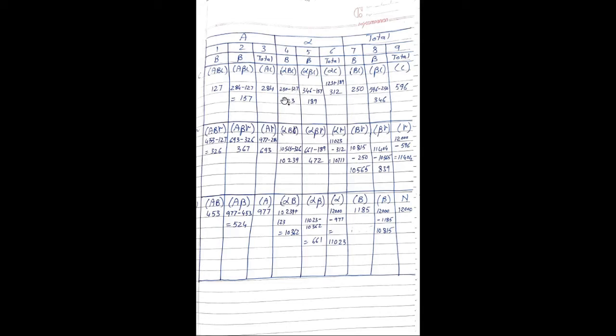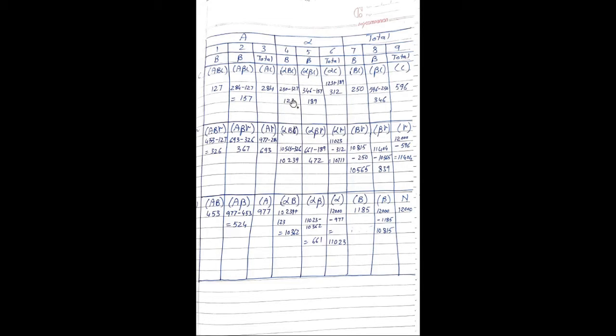One more value we can get, 596 minus 250 is nothing but 346. Then alpha BC can be calculated as 250 minus 127, that becomes 123.